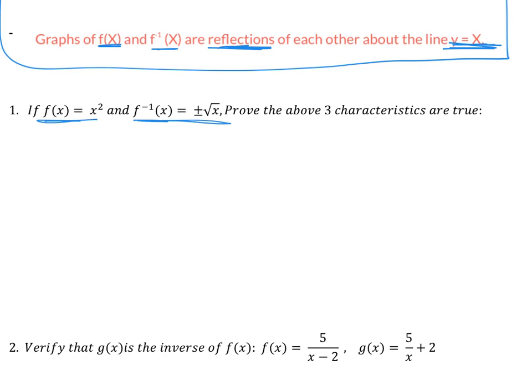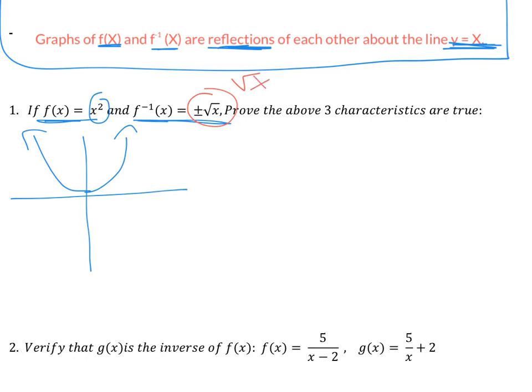So let's put this on a coordinate plane. If I graph x squared, this is just my parabola. It's at the origin, the vertex, and then it goes up. Now if we graph both of these, I'll put this in red. If we just graph the square root of x, it looks like this.